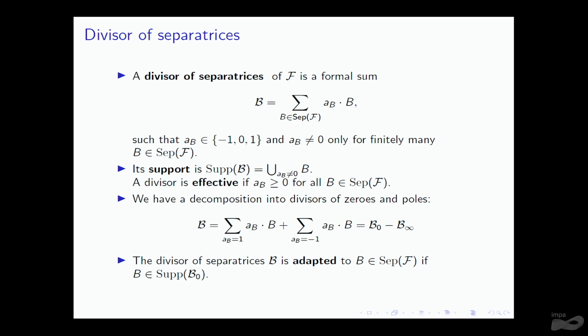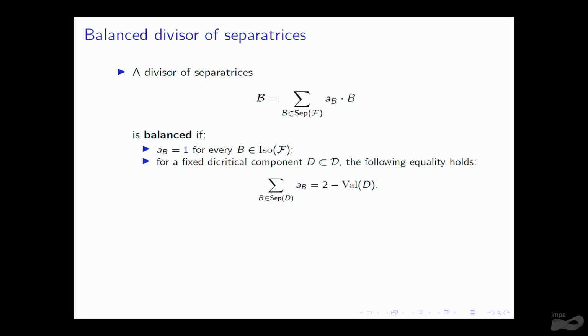Okay. Now, another definition which is crucial for all the development I'll do later. A divisor of separatrices is said to be balanced if, first, the coefficient is 1 for every isolated separatrix.